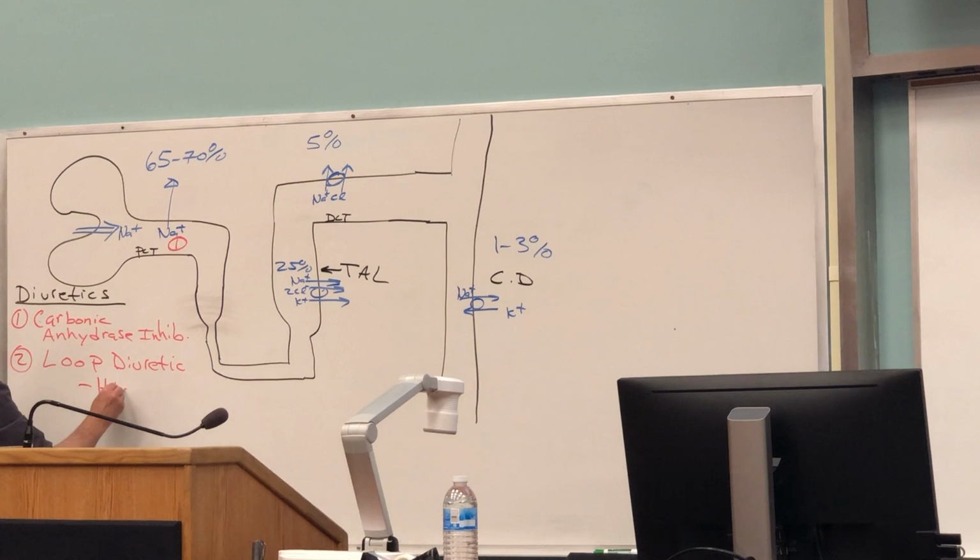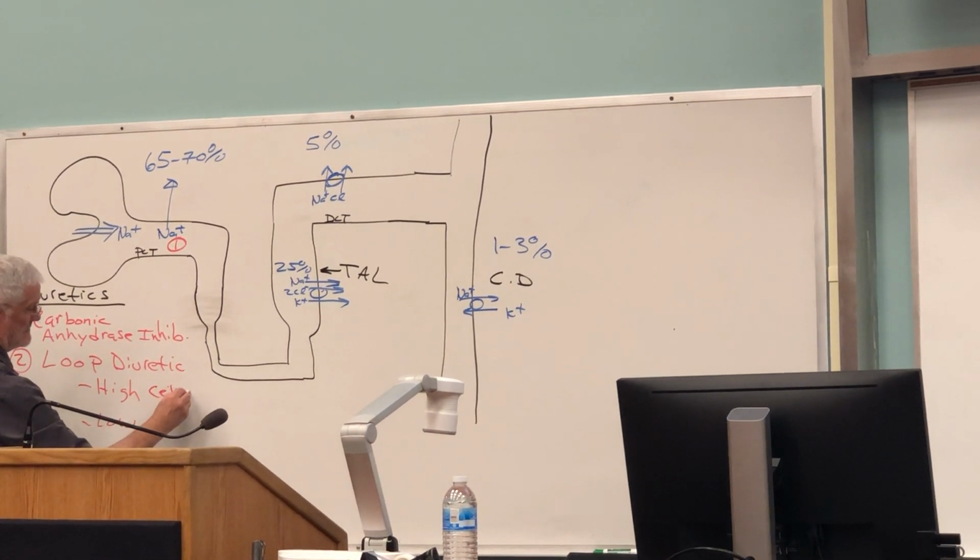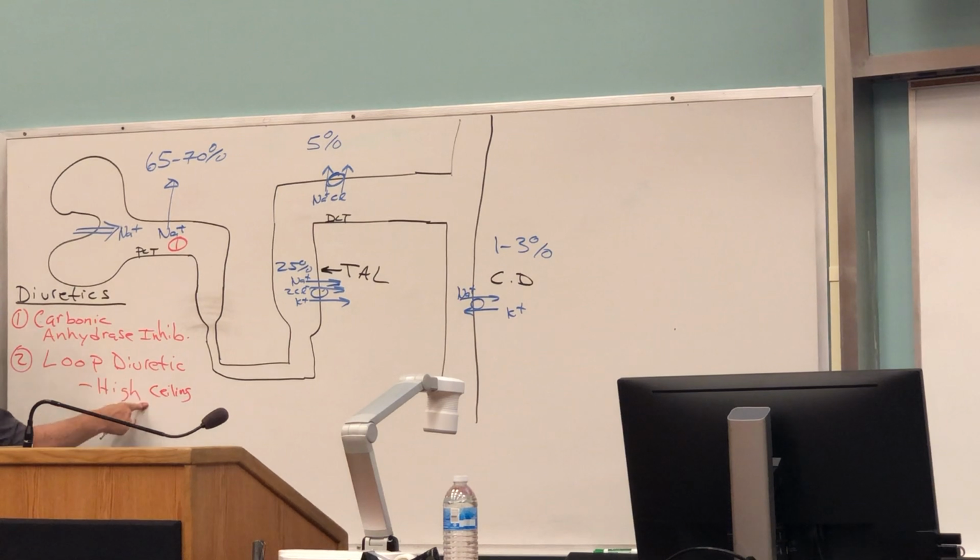You have highs and you have lows. Now they both make you pee a lot. But the high ceilings make you pee an awful lot. The lows make you pee a lot, but not as much as the highs. So they both create lots of urine. It's just the highs really make you pee a heck of a lot, and the lows just make you pee a lot.